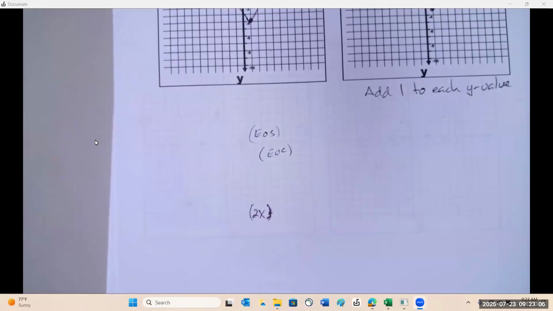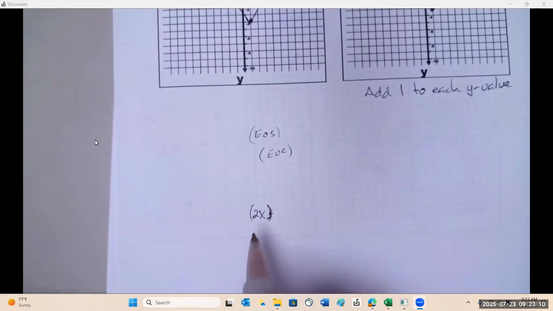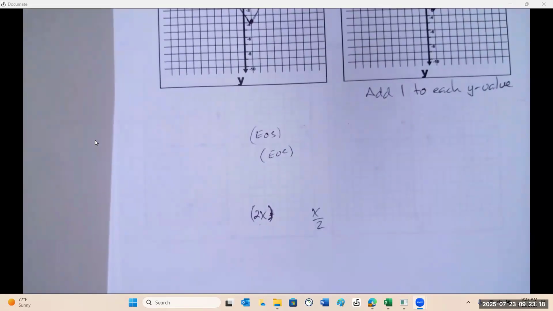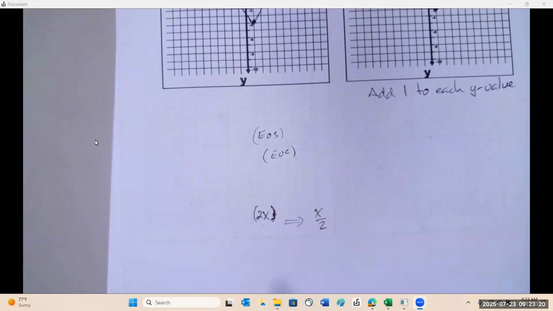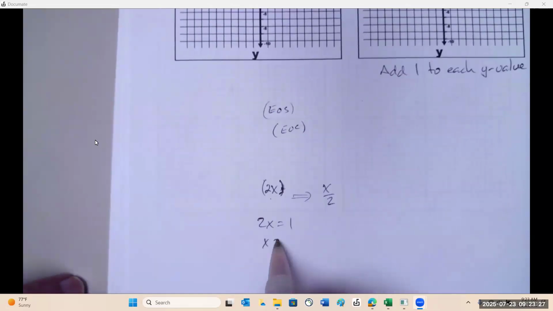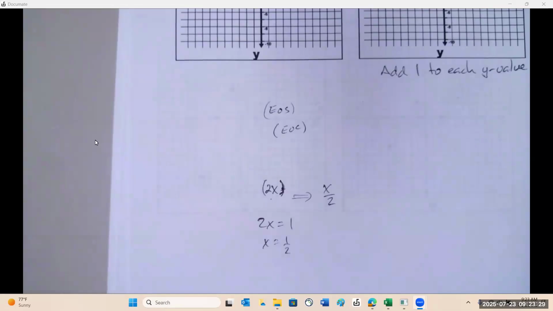If I had 2x, the reason being because of what my original graph was, my new point is going to be this. Because it's opposite. If I had 2x equal 1, then x equals 1/2. Again, anything on the inside is always opposite. So if it's multiplied, you divide.